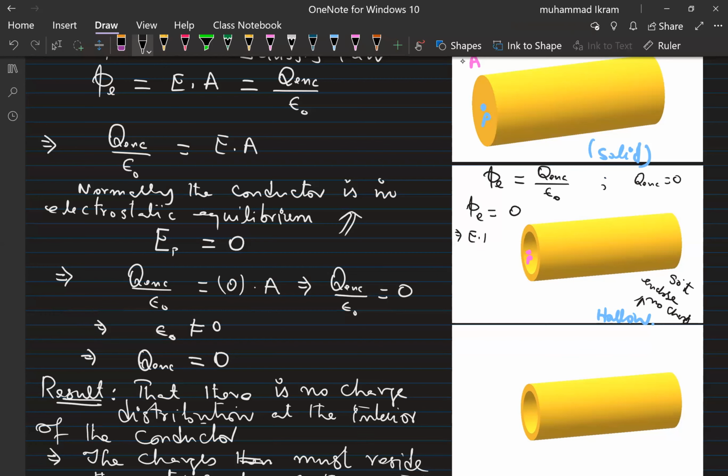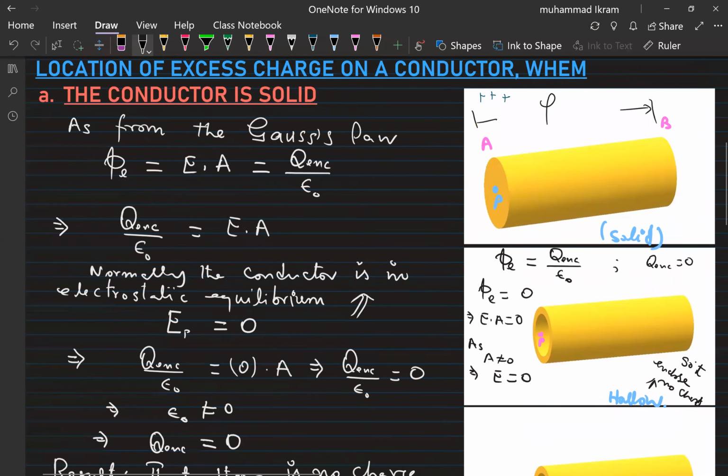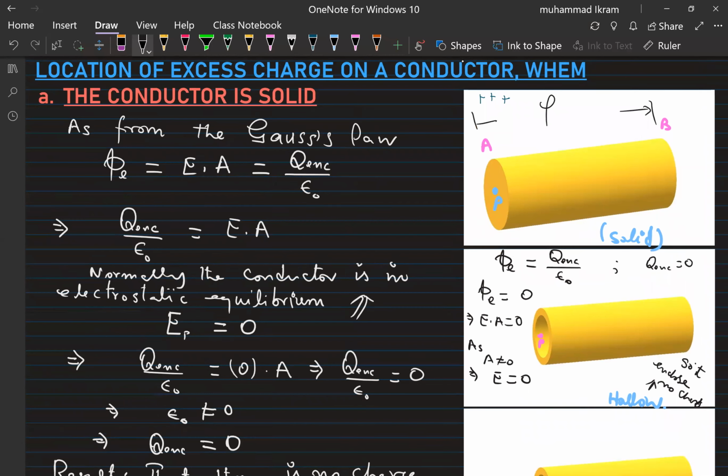What does this mean? E dot A is 0, but A is not 0, right? The conductor has area, so it is not 0. This means that E is 0. This shows that there is no electric field at the interior of the hollow sphere. So if there is any charge on the conductor, the charge will lie on the outer surface, as in the previous case.